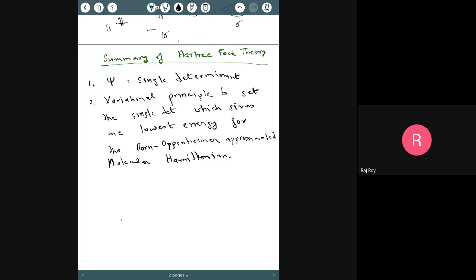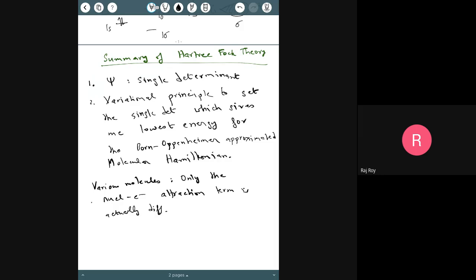So for various molecules, you only have one thing different: the nucleus-electron attraction term is actually different.